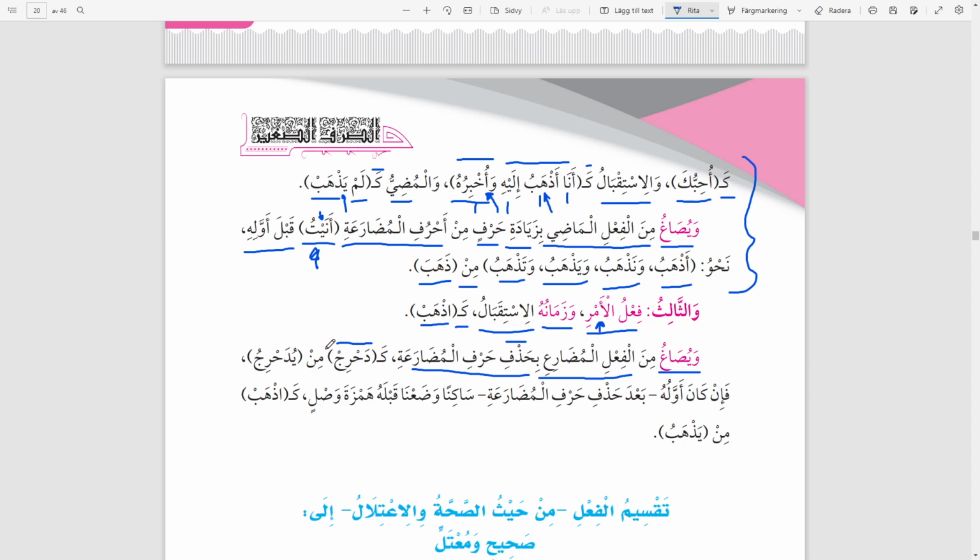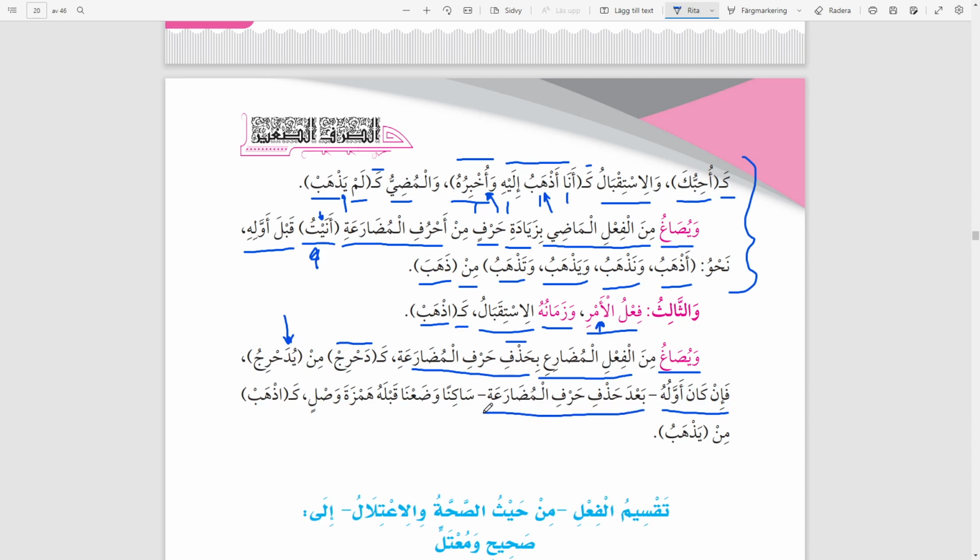You extract that from يدحرج, he is rolling. فإن كان أوله, so if that first letter has sukun, not in this case, right? يدحرج.